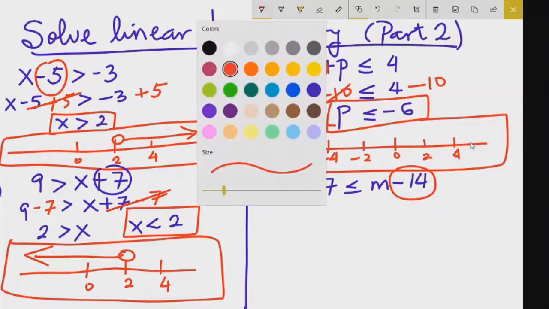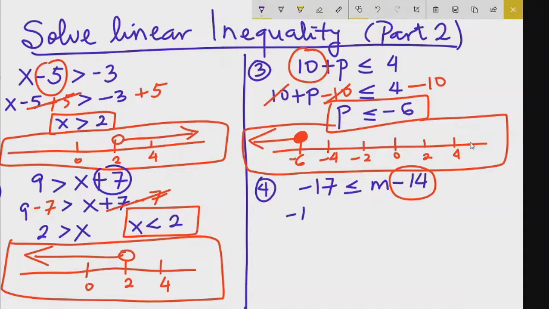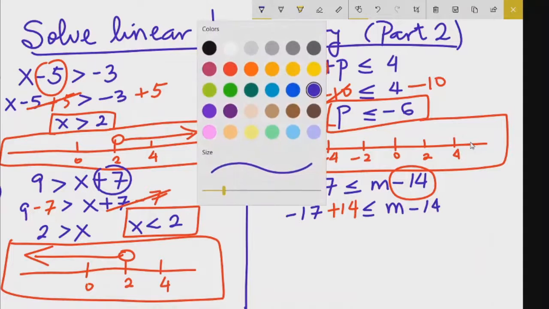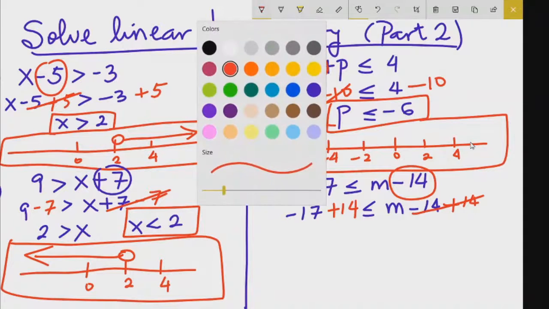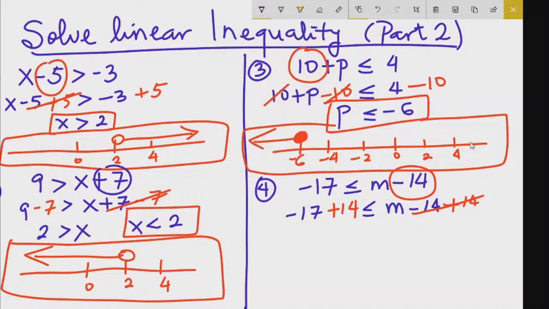So it's going to be negative 17 plus 14, less than or equals to m minus 14 plus 14. 14 minus 14 again goes to 0. Negative 17 plus 14 gives us negative 3, less than or equals to m.